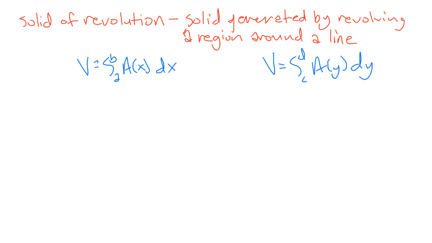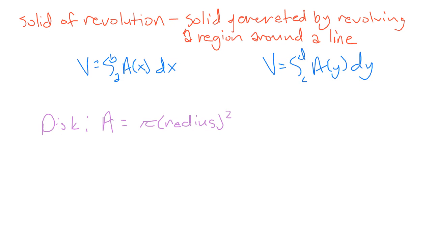And then we can go ahead and just take one last look at our discs versus washer. So our disc, our area is going to be pi times our radius squared. And that radius is going to be either x or y, depending on which direction you're going. And then that's going to usually relate to one of your equations.